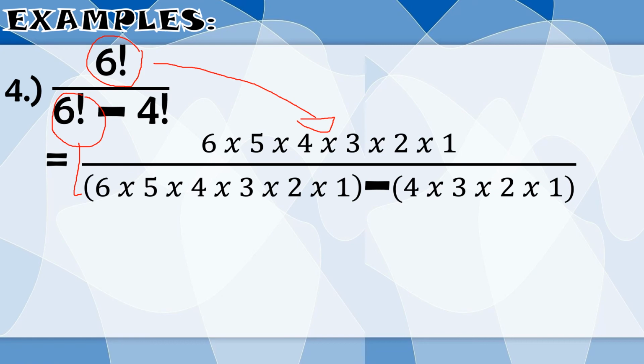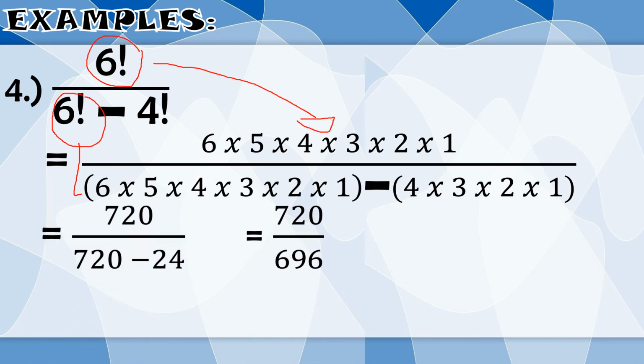So first, we just have to multiply the numerator. So the answer is 720. And for our denominator, 6 factorial is 720 minus the 4 factorial, which is 24.